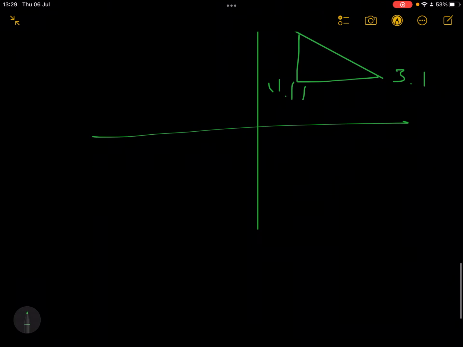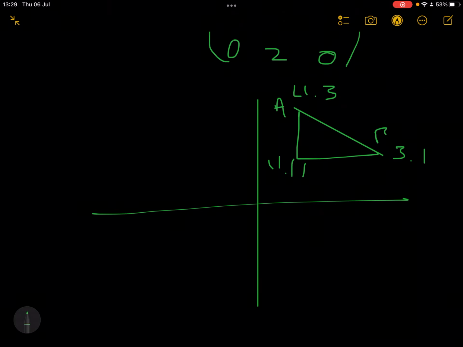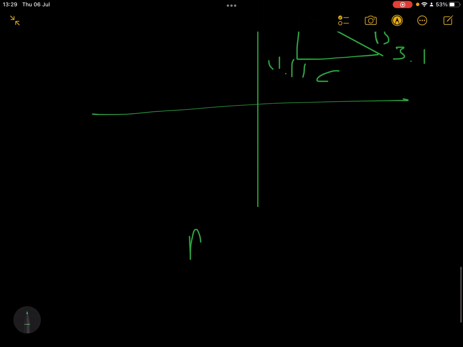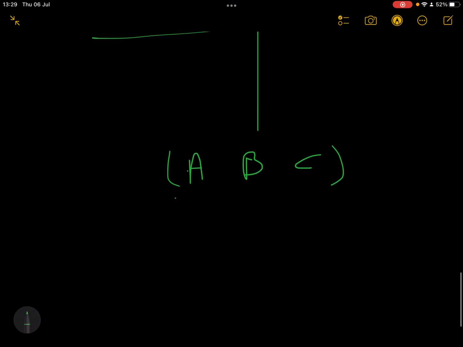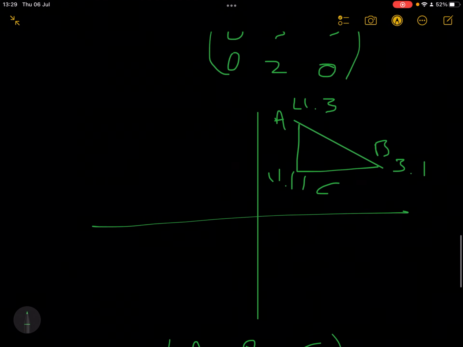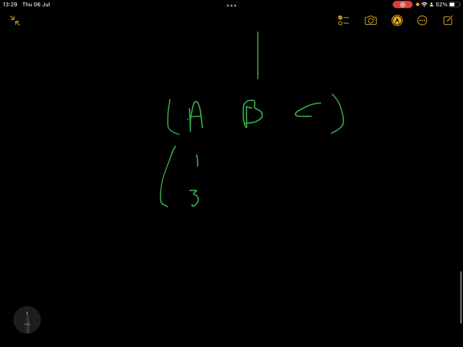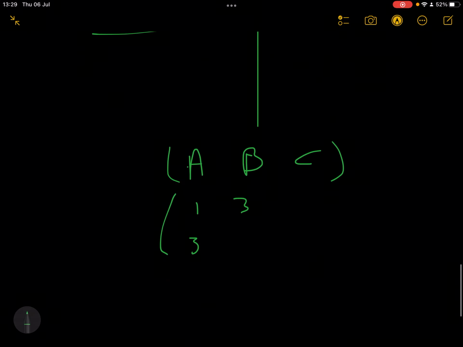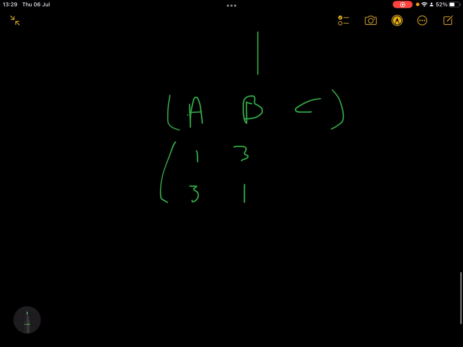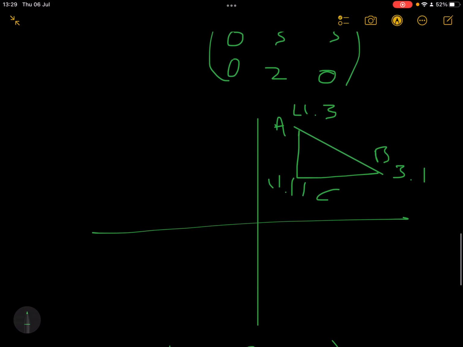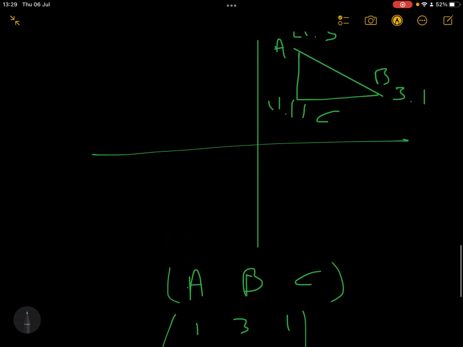Let's call these A, B, and C, and represent this in A, B, and C form. So A was (1, 3), B was (3, 1), and C was (1, 1). So this is a 2 by 3 matrix. That's how you represent matrices. Matrices are representing a relationship within a certain object.